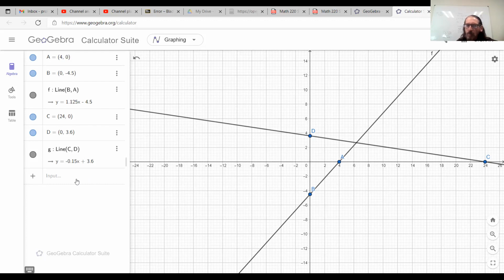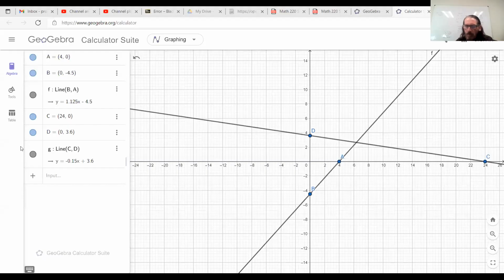All right, so up 9 from -4.5, and then right 8 of the 0. That didn't do what I wanted. Try again. That didn't do what I wanted either. Just a moment.